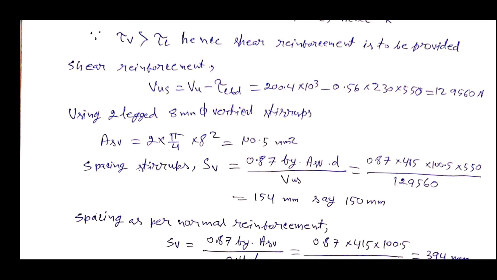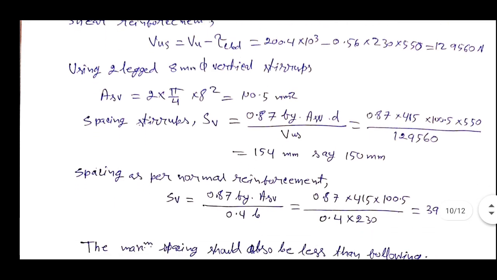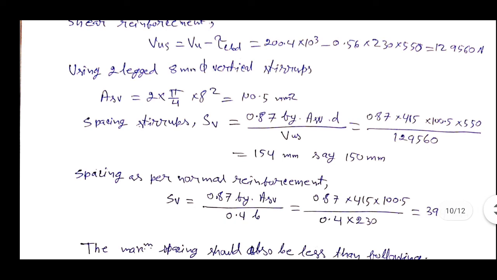Okay, we may decrease the value of spacing. And spacing as per minimum reinforcement, from the same formula, Sv is equal to 0.87 fy Asv by 0.4 b. You have seen this formula in previous videos. So that equals 0.87 multiplied by 415 multiplied by 100.5 by 0.4 into 230, that equals 394 mm.